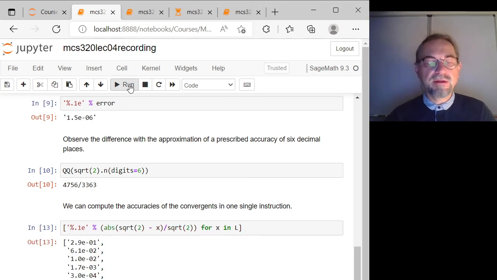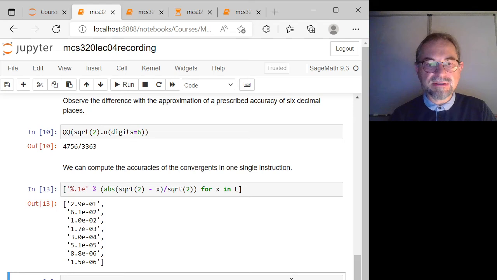Here you see the list of the errors, and indeed the accuracies actually increase. We know here the error of the 3rd one is exactly 10 to the power minus 2. But you see that it goes up more gradually than you would have with the prescribed accuracies. So let me document this.